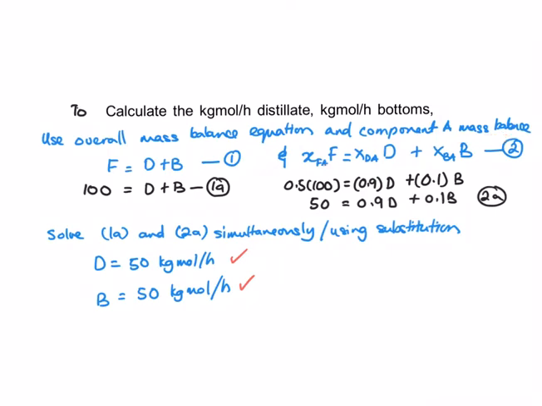Remember that if you have two unknowns, you need at least two equations to solve for them. Same thing, if you have three unknowns, you need at least three equations. So you solve using two equations simultaneously, and you get your answer for your distillate and bottom product.